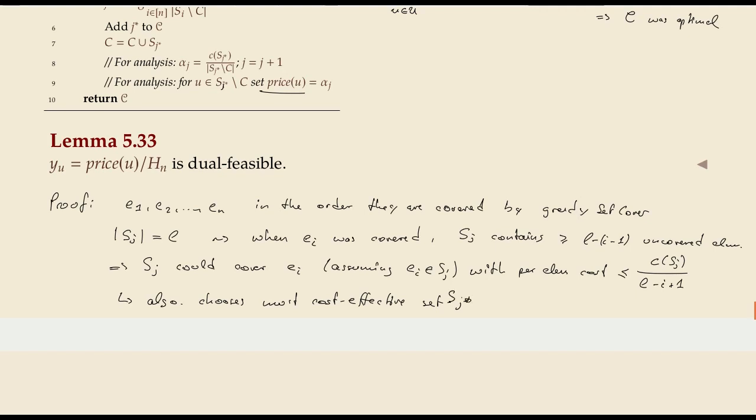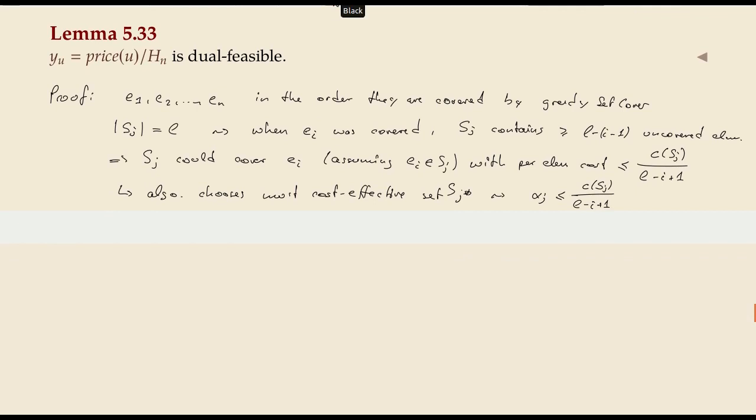So it chooses the set Sj star. And that means this alpha that we set here can't be more than C of Sj over L minus I plus 1. Okay, fine.